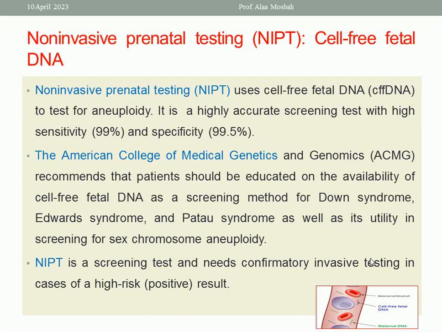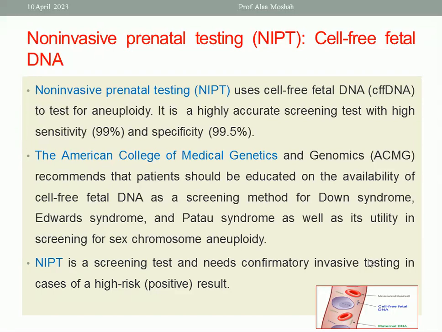Okay? We are going to search for what? For fetal DNA, cell-free without boundaries, fetal DNA wandering in the maternal circulation, related to the trophoblast. Okay, so we call it fetal origin.